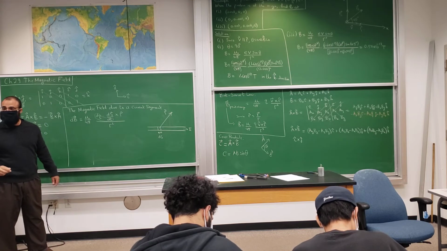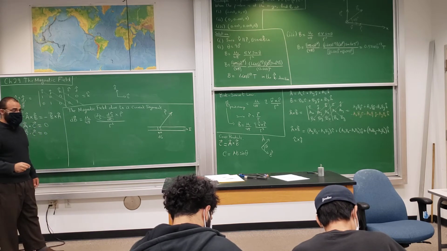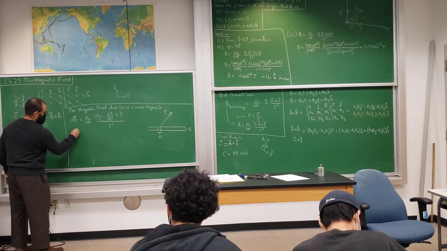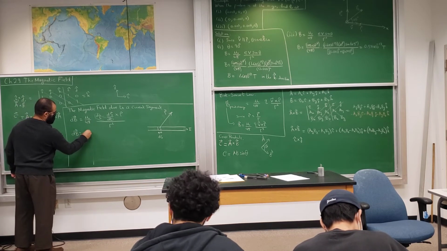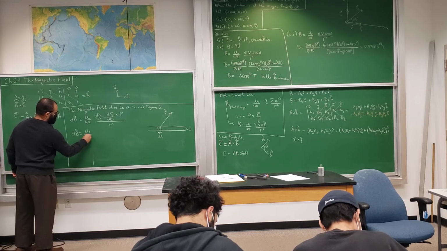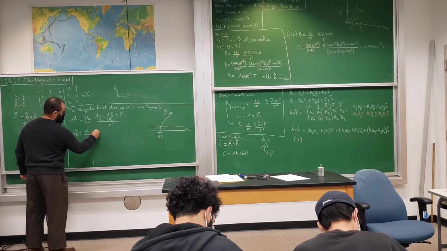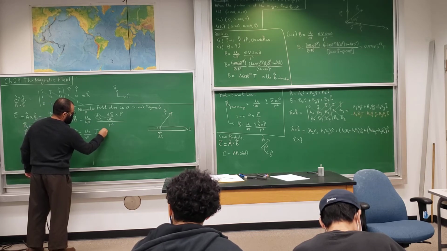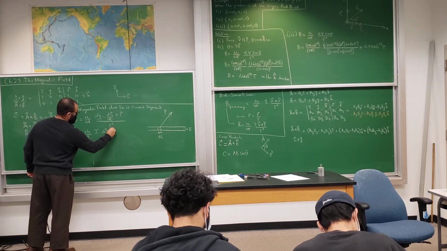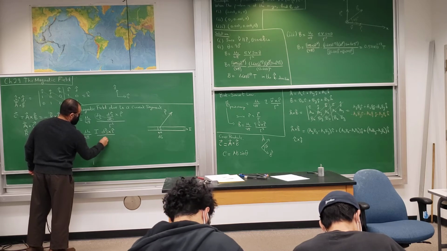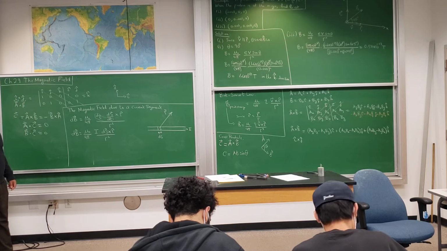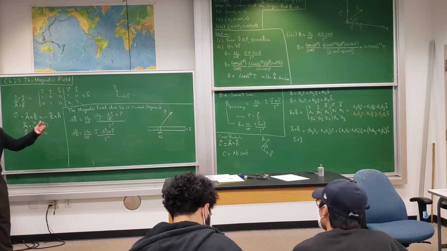Current, I. So you get dB equal to mu naught over 4 pi, dq dt is I, that's the current I, and then ds cross r hat over r squared. So that's the magnetic field due to a small current segment.